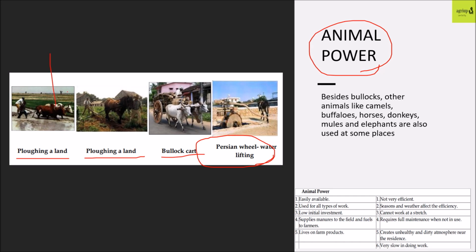So, in this kind of power, what is the merit? Of course it is easily available. It can be used for different kinds of work. Initial investment is low. It supplies manure in the field, which can be used to facilitate growth. It lives on the farm products. But the disadvantage is that it is not that efficient.